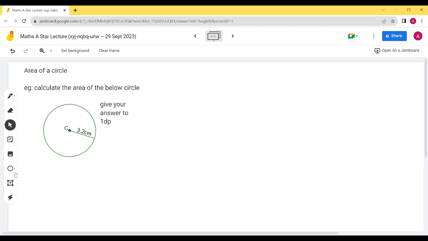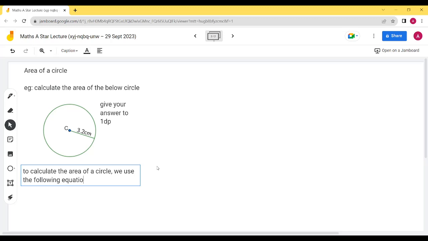Okay, so basically, to calculate the area of a circle, we use the following equation. And the equation is pi r squared.